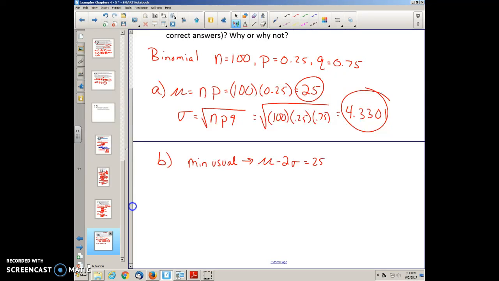So that's 25 minus 2 times 4.3301, which gives us 16.3398. The maximum usual value just means the value that's 2 standard deviations above the mean. So that's 25 plus 2 times 4.3301. We do that, we get 33.6602.